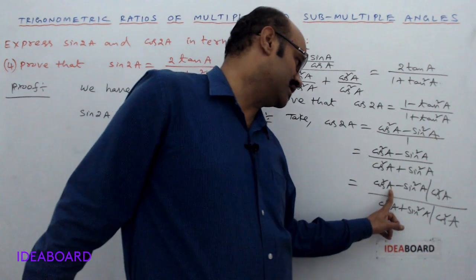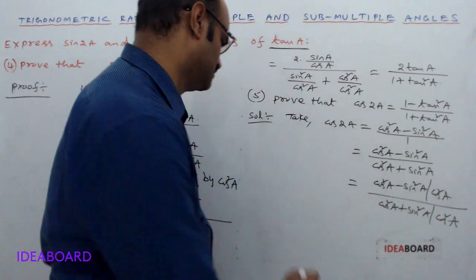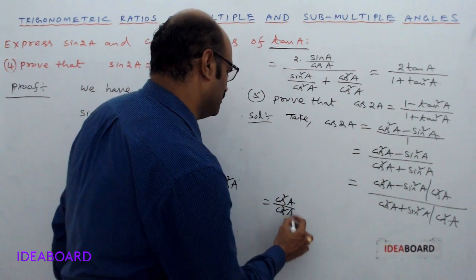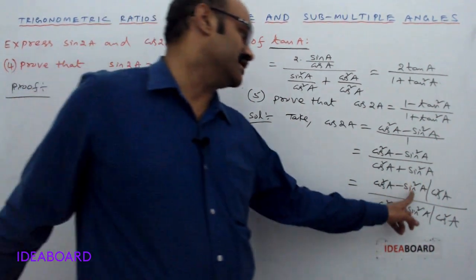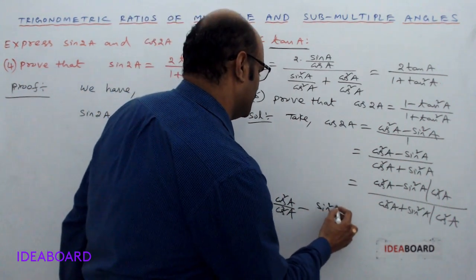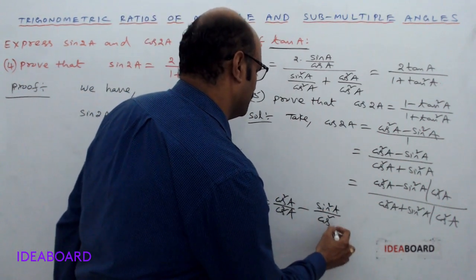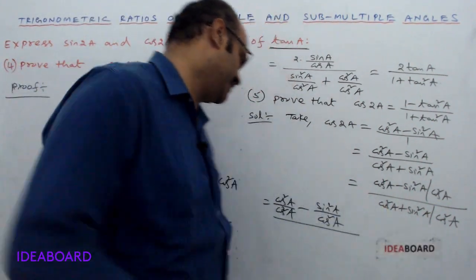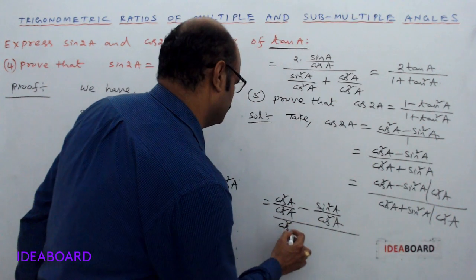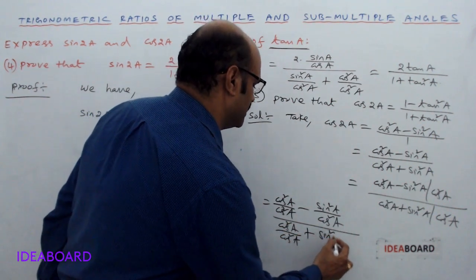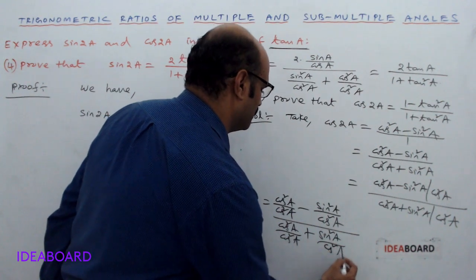Now it's equal to cos square A by cos square A minus sin square A by cos square A, whole divided by cos square A by cos square A plus sin square A by cos square A.